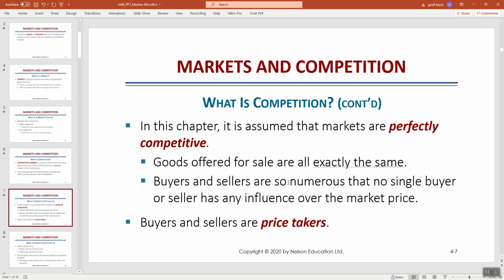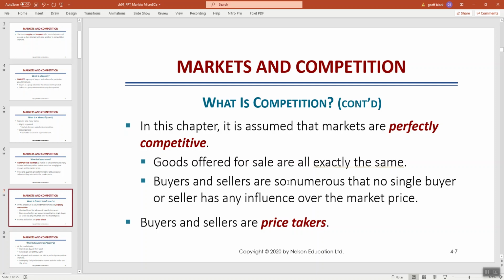So there's no differentiation between goods. Okay, so this is a condition necessary for a perfectly competitive market. No product differentiation. Goods or services offered for sale are all exactly the same. Again, buyers and sellers are so numerous that not a single buyer or a single seller can influence the price.